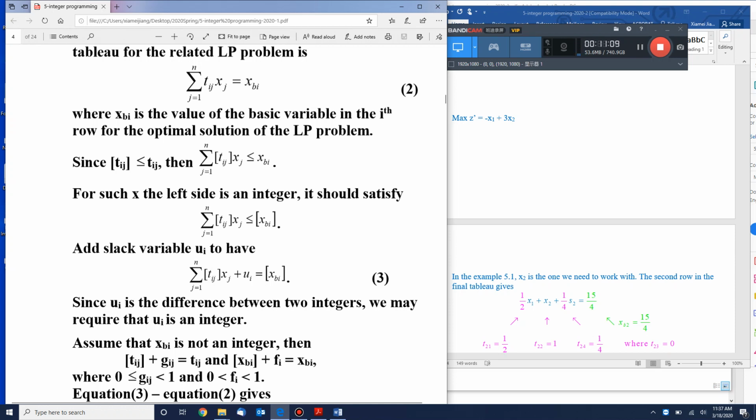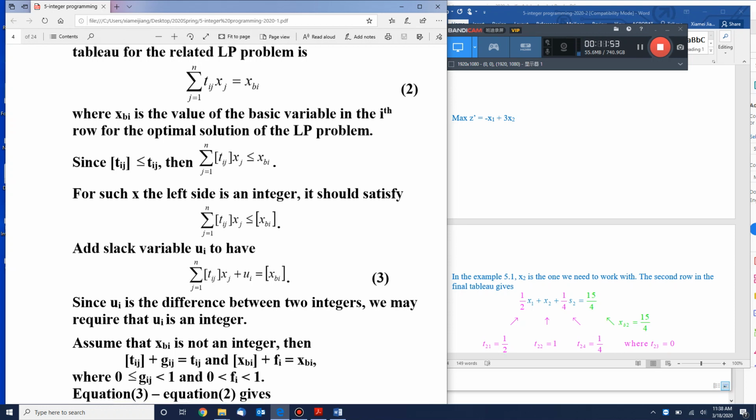And the same for xbi: it is the largest integer not exceeding xbi, plus the fractional part, which we denote as fi. Tij could be an integer, so gij could be 0. So gij is between 0 and 1, and fi is between 0 and 1, because at the beginning we already assumed that xbi is not an integer. If xbi is an integer, we don't have to work on that.